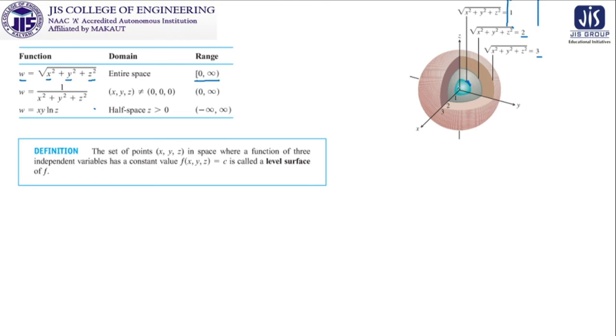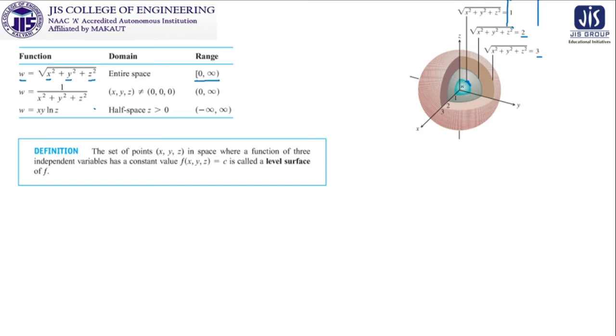You can just imagine you are unwrapping our earth after a certain distance. So after a certain distance, if you are unwrapping, then you will get the same shape, but the upper part of this particular thing is called the level surface.